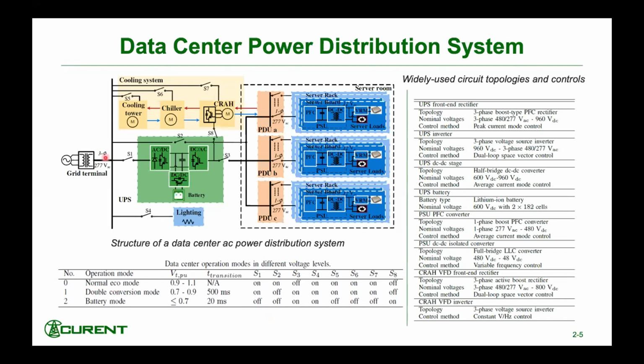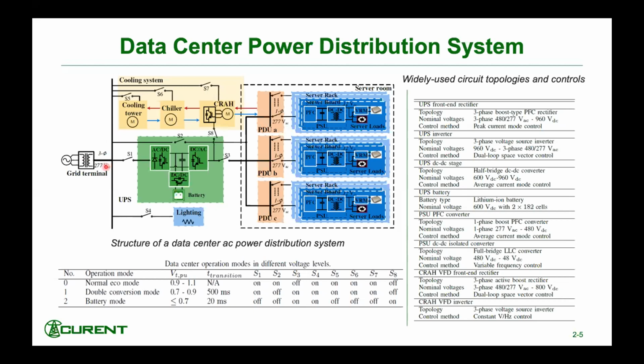When the source power from the grid is within the acceptable limit of the system, the UPS is bypassed so that the whole power will not be converted twice, and a significant power loss can be reduced. Then the IT load is directly connected to the grid.